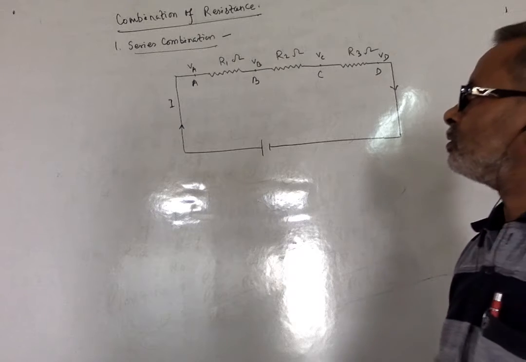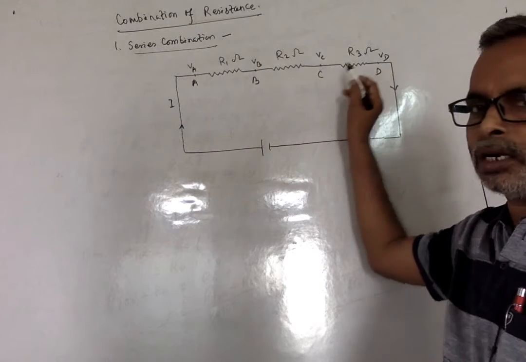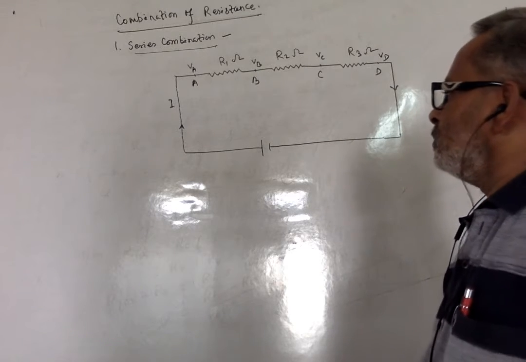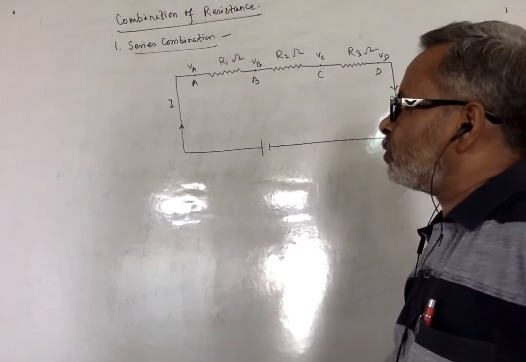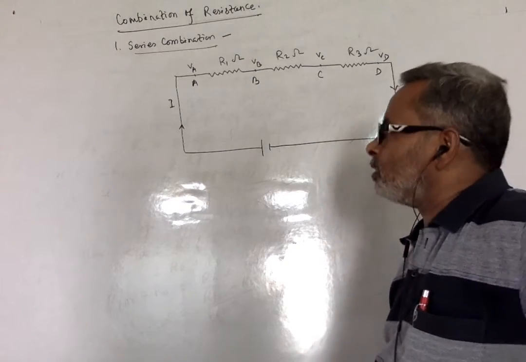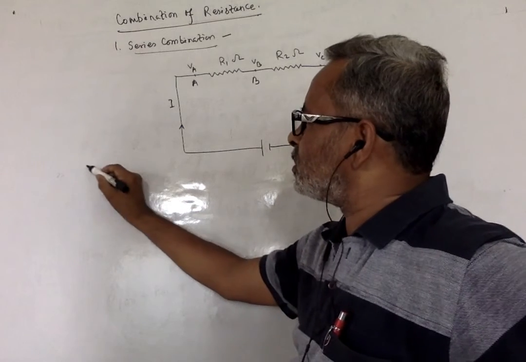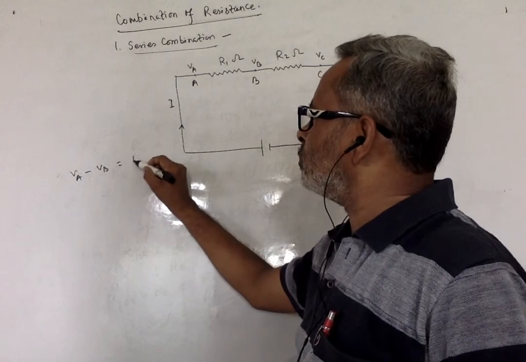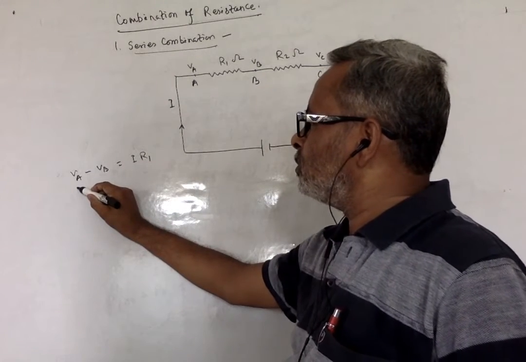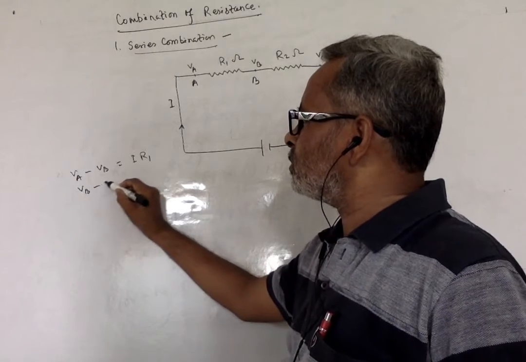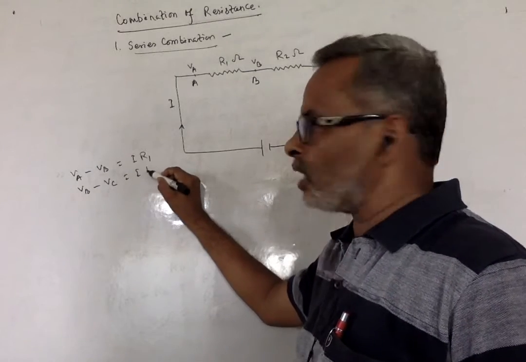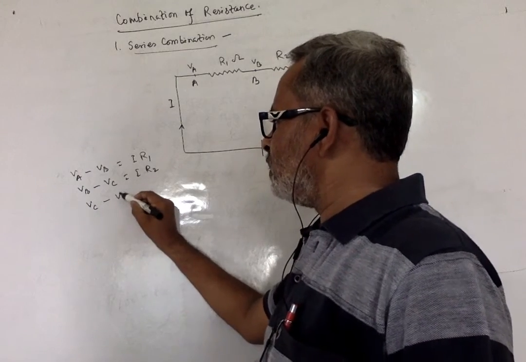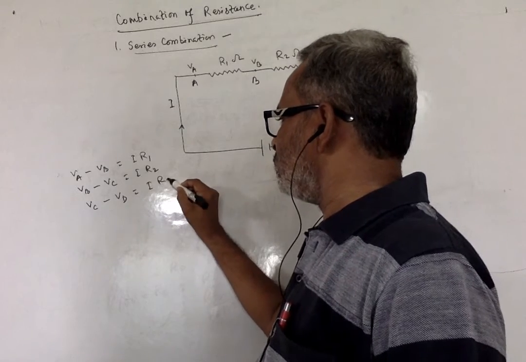The potential differences of each resistor: VA minus VB equal to IR1, VB minus VC equal to IR2, VC minus VD equal to IR3.